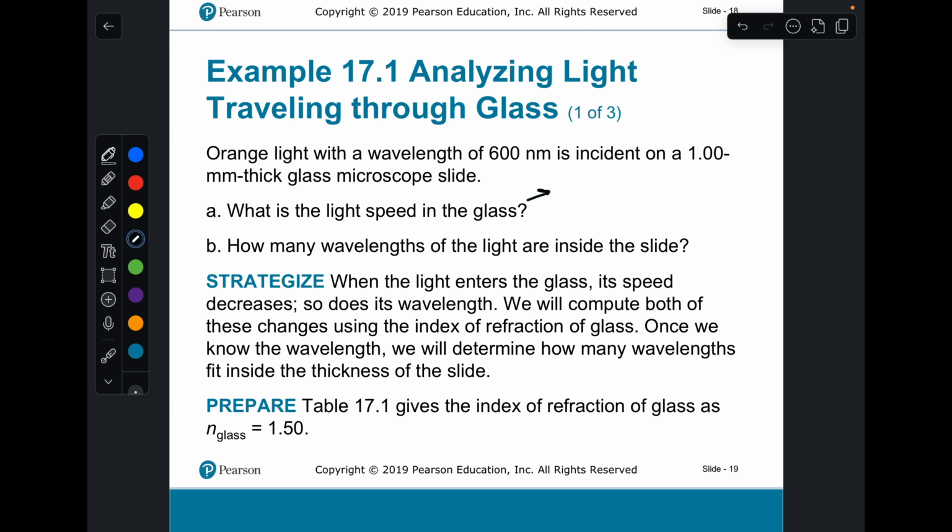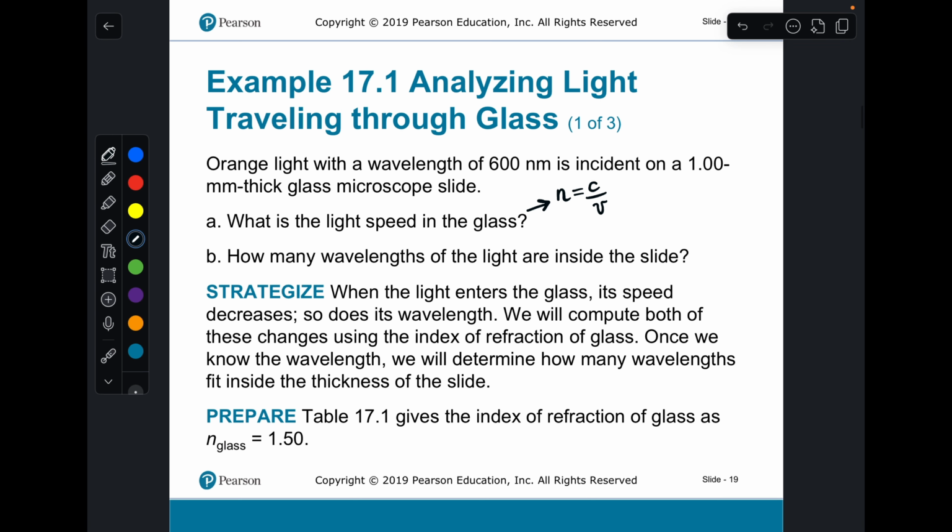So we can use the index of refraction to determine the new speed. We saw that the index of refraction is a ratio between the speed of light in vacuum and the speed of light in the material. So we can use that to solve for the speed of light in that new material. It's simply the speed of light in vacuum divided by the index of refraction.